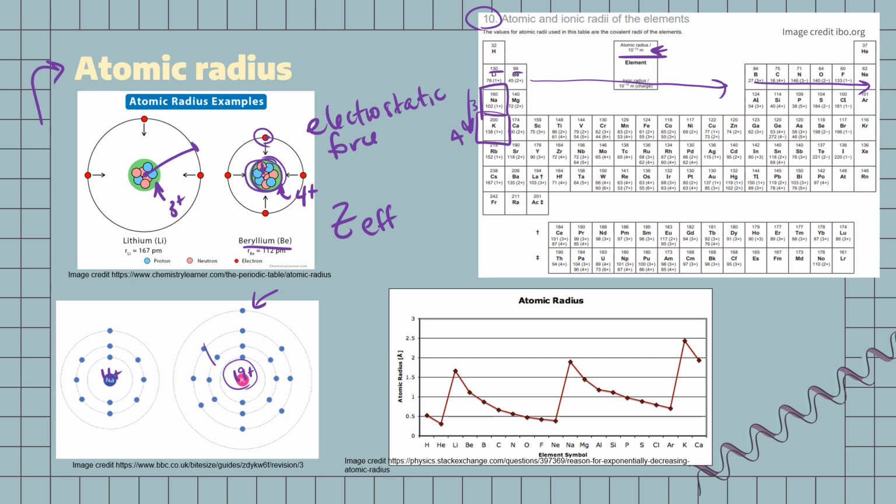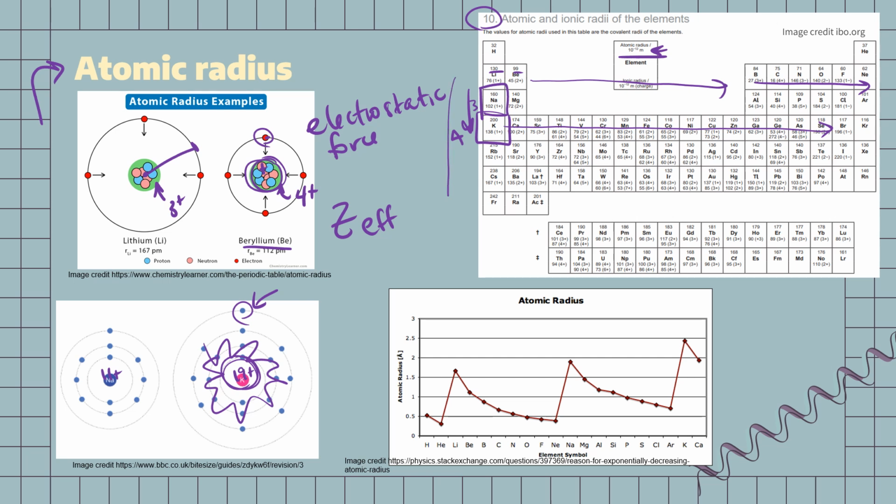And also, all of these electrons are shielding this electron from the force of attraction coming from the protons in the nucleus. When we go across a period, generally, there are always exceptions, right? Generally, we're going to get smaller and smaller because we're adding more protons, which is going to increase the force of attraction on the electrons.